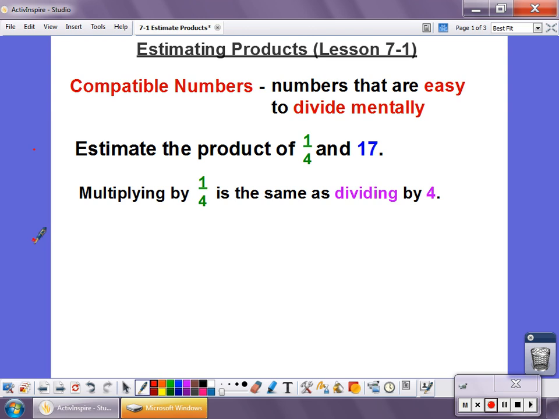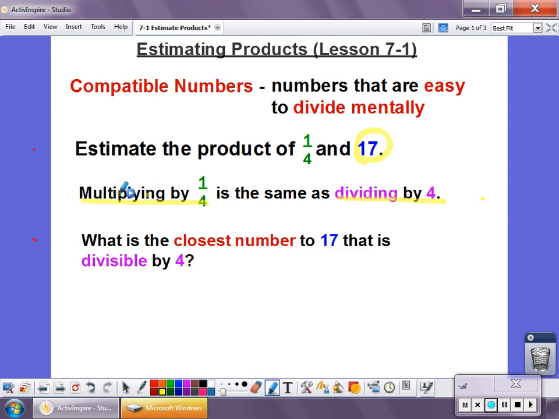What that really means is when we multiply 1/4 times 17, multiplying by a fourth is kind of the same as dividing by 4. So what we want to do is find a number that's close to 17 that we can easily divide by 4.